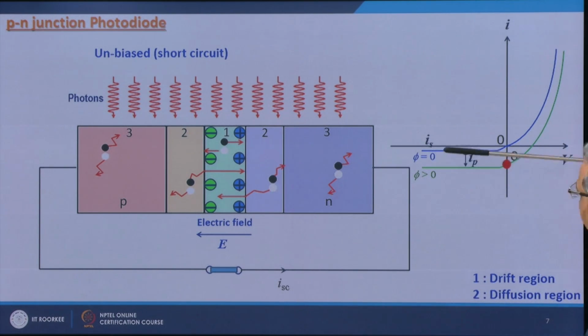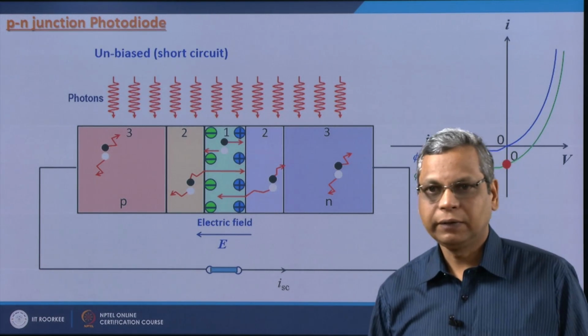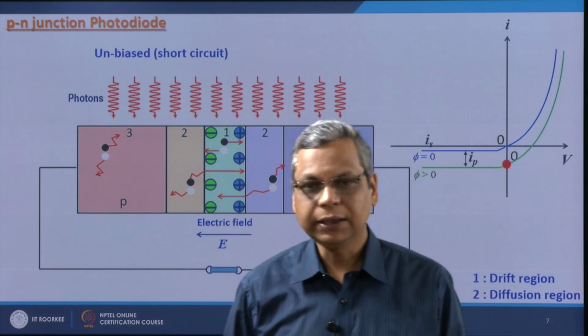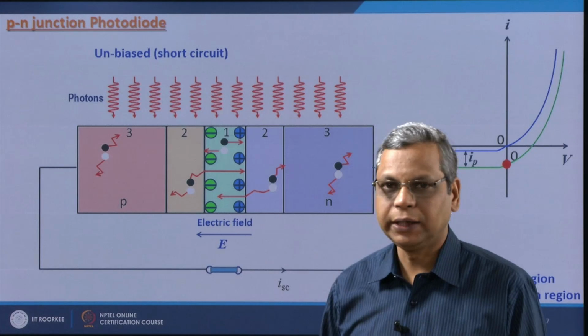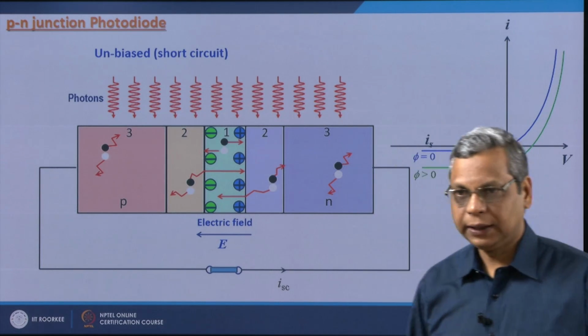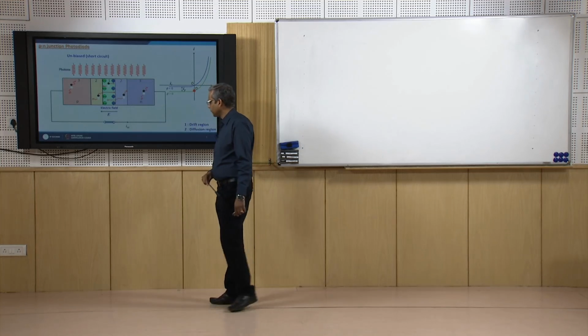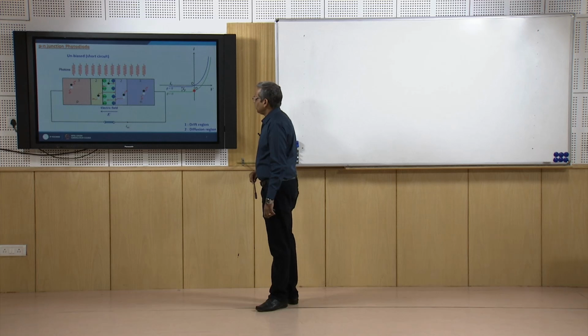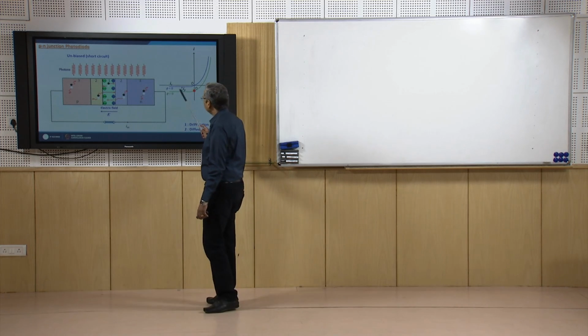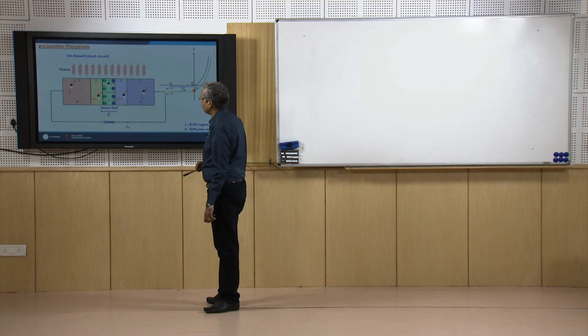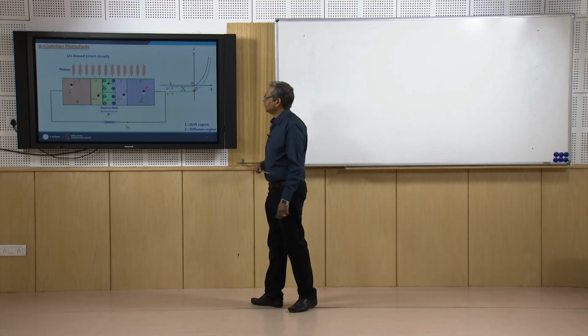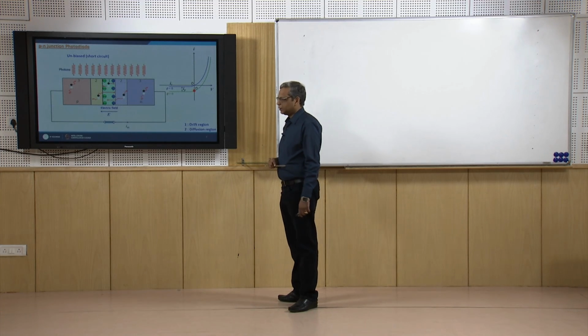So, the optical energy increases the reverse saturation current, and this reverse saturation current is a measure of whatever optical power is incident, and that is how we can measure optical energy or optical power. This is nothing but the short circuit operation of an unbiased p-n junction diode.